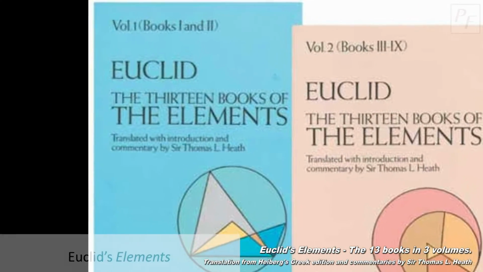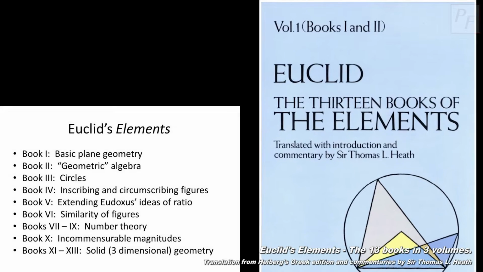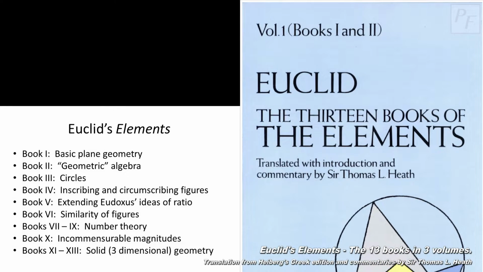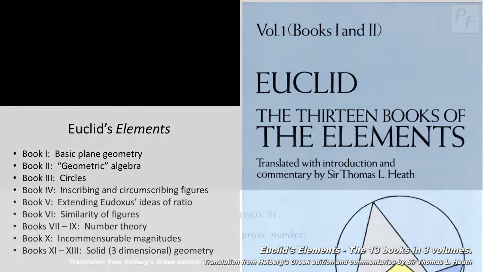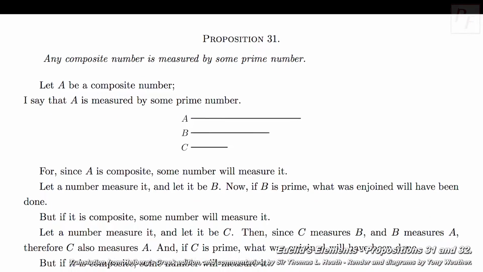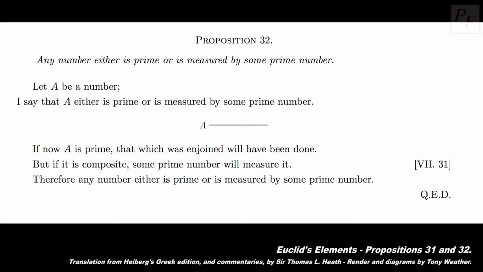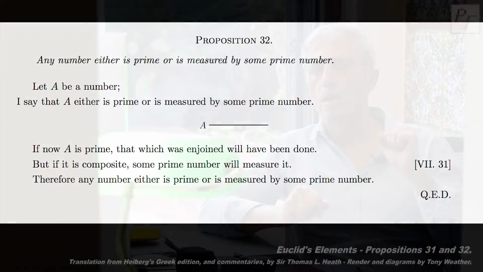It is divided into 13 books. The first includes the principles of geometry, which are still used today in everyday life. In Book 7, Proposition 32, Euclid includes his famous theorem, called today the Fundamental Theorem of Arithmetic.